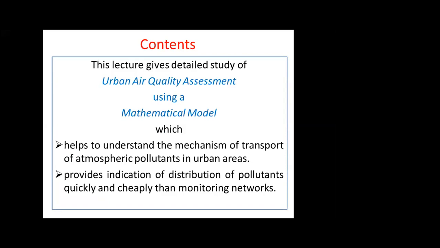The purpose of this mathematical model is to help understand the mechanism of transport of atmospheric pollutants in the urban area, how they behave and how they travel after they are emitted due to the traffic flow in the urban area, how they travel in the wind direction and in the vertical direction. So that mechanism we will be understanding by this mathematical model.